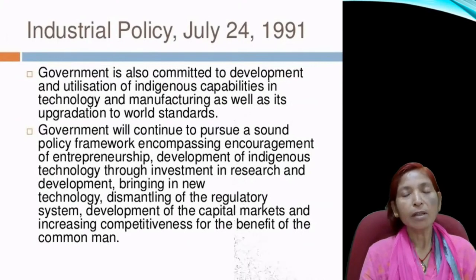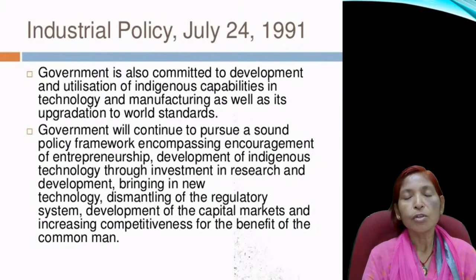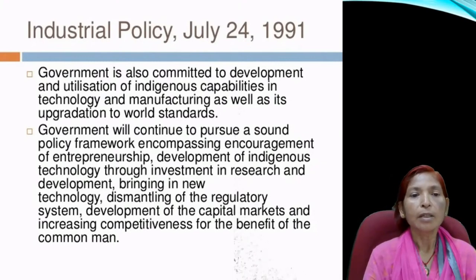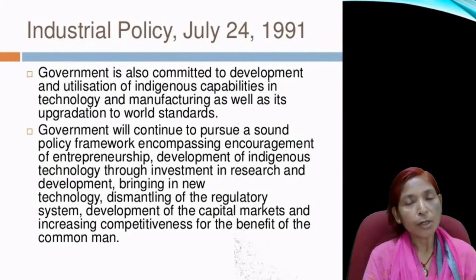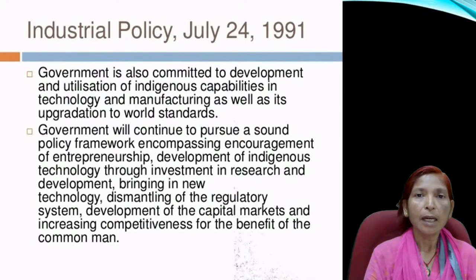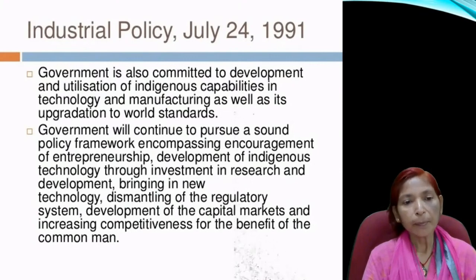This industrial policy of 1991 was launched on July 24, 1991. The government is also committed to the development and utilization of indigenous capabilities in technology and manufacturing, as well as its upgradation to world standard.